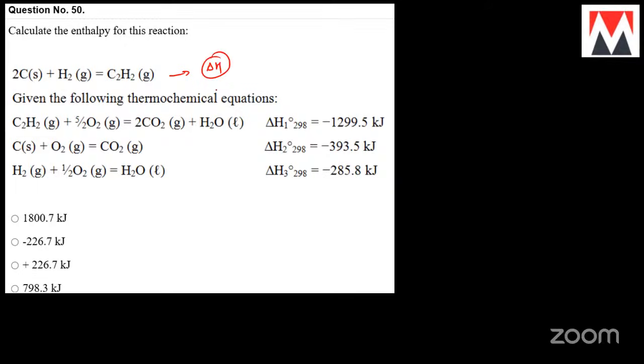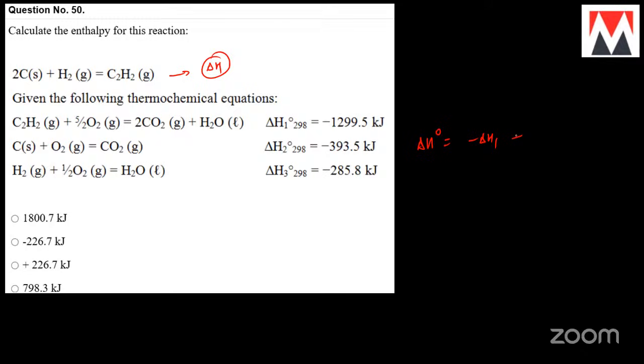So how do you get delta H of this? This delta H is nothing but you have it on the product side, right? So this will be delta H minus delta H1 because this C2H2 should be on the opposite side. So this is minus delta H1 plus, you need two carbons, right?